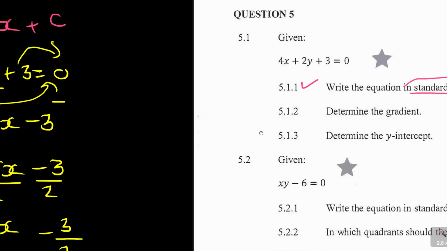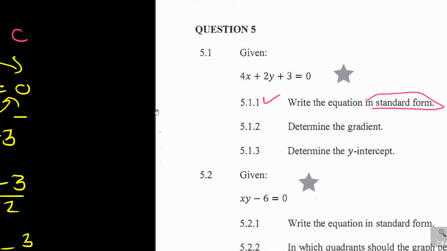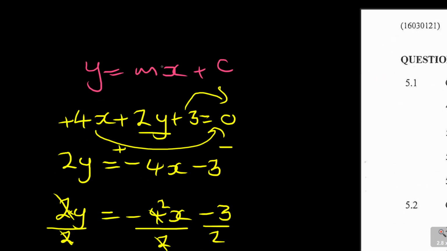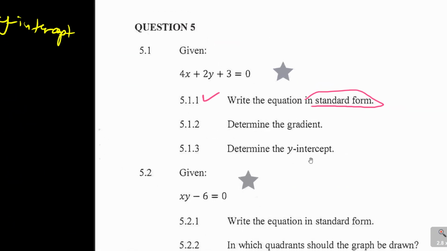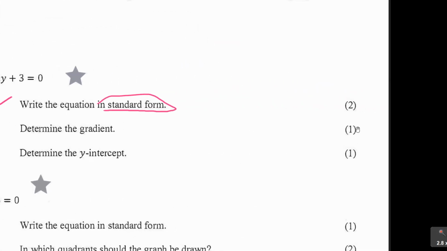Then after that, the two questions are easy. Determine the gradient. Remember, m here is your gradient and c is your y-intercept. See, that's why these two questions are 1 mark each. Determine the gradient, determine the y-intercept, and they gave you 1, 1.